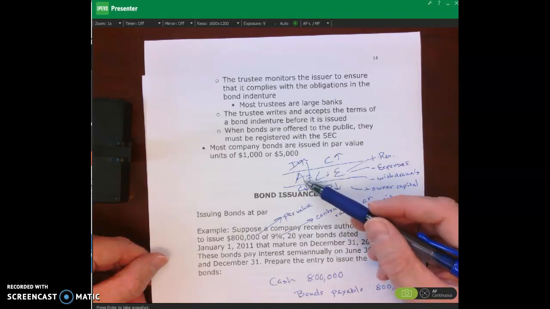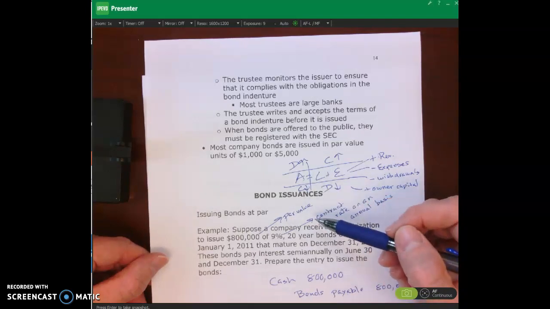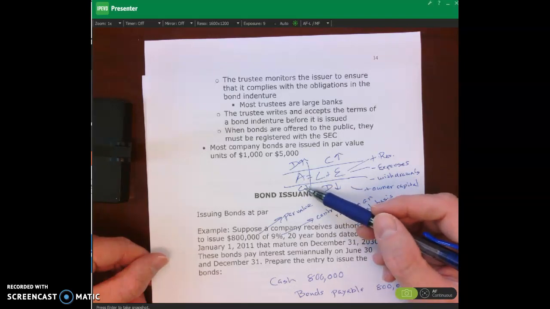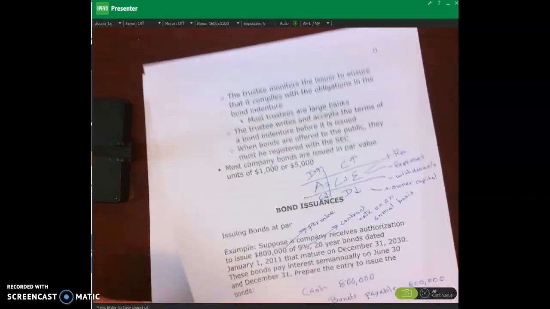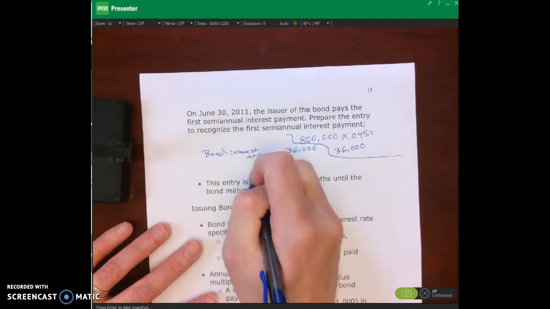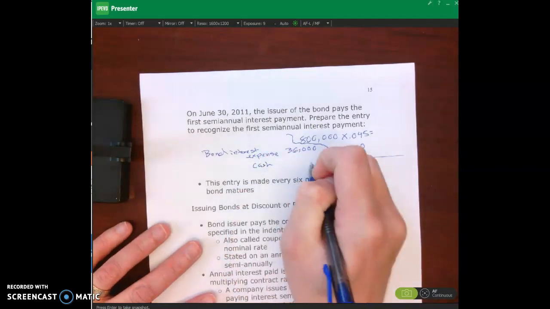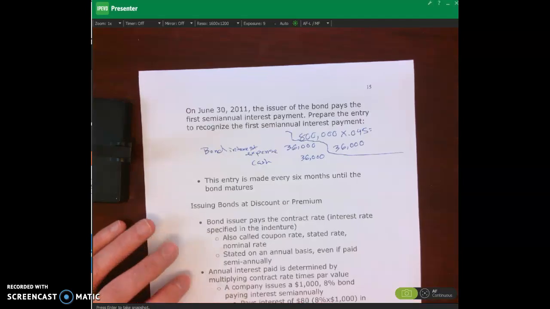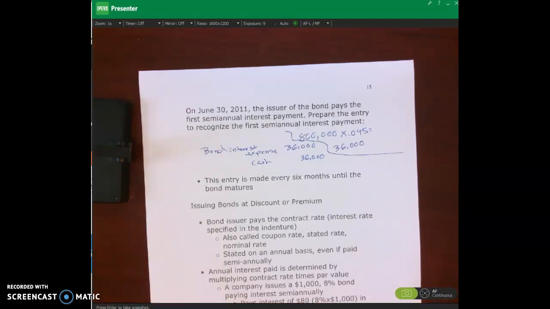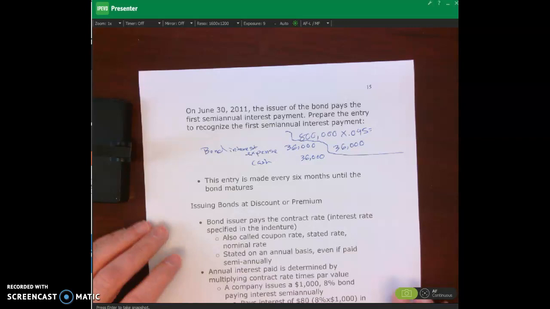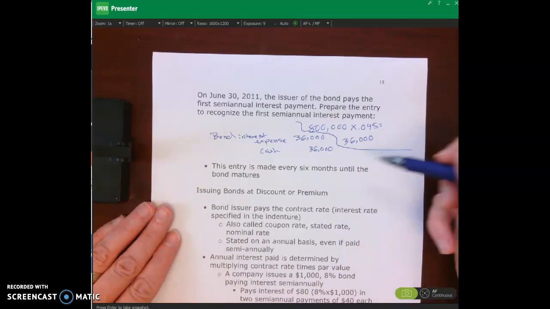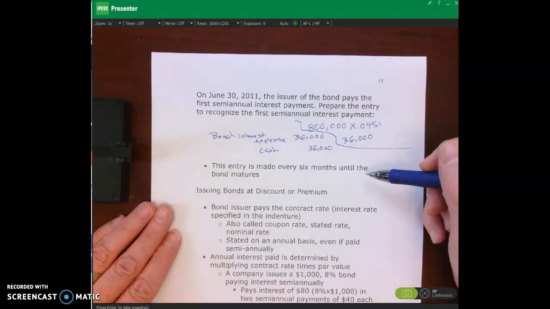Therefore, I don't have as much cash because I'm paying it to my bondholders. Cash is an asset, so cash is going down. How do I recognize that an asset is going down? With a credit. So then I will credit cash for $36,000. Debit bond interest expense, credit cash, $36,000. As I say right here, this journal entry is going to be made until the bond matures.